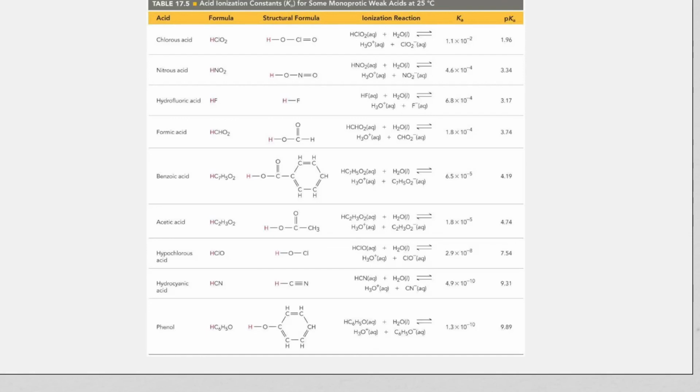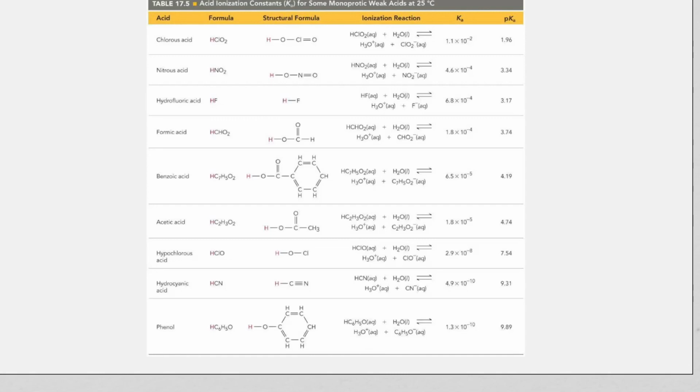So you have things like acetic acid that are 10 to the minus 5th, hydrofluoric acid 10 to the minus 4th. So you can see a lot of acids are going to be in this minus 4, minus 5 value for Ka. So pretty small, much less than 1. So these are definitely going to be reactant-favored reactions.